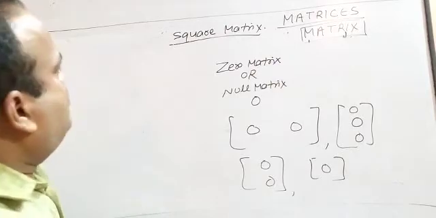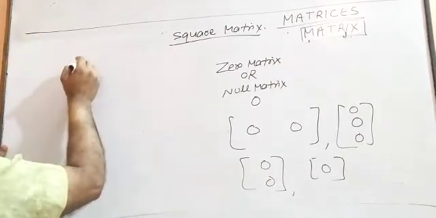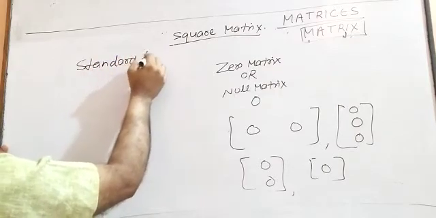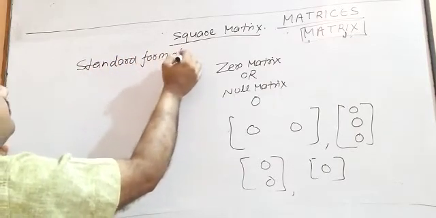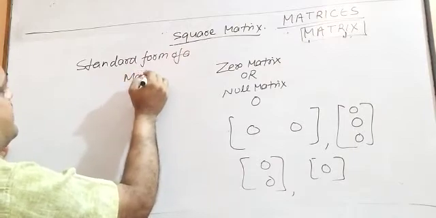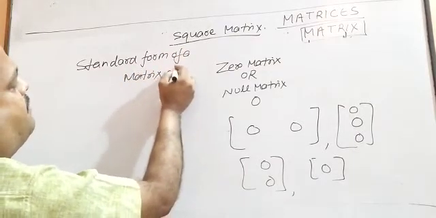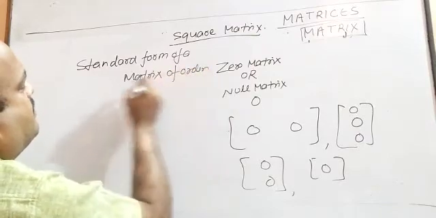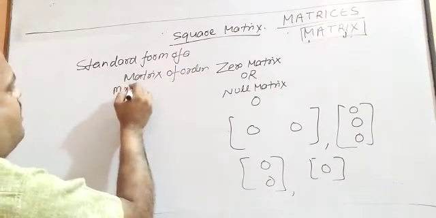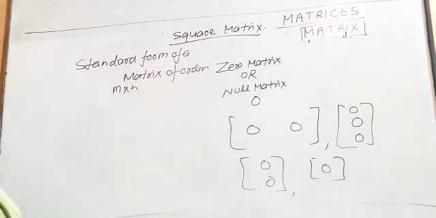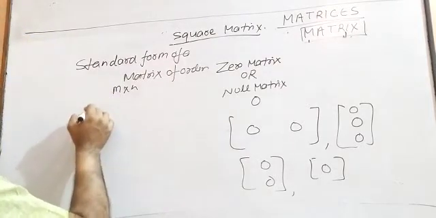Now, the standard form of a matrix. The standard form of a matrix of order m cross n, where m is the number of rows and n is the number of columns.